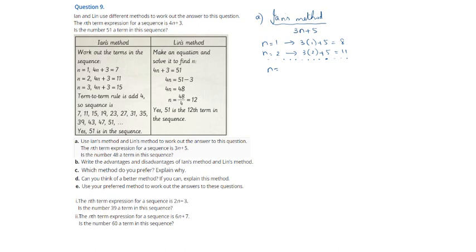Now I am going to take n equal to 13. 3 times 13 plus 5. 13 times 3 is 39. 39 plus 5 is 44.